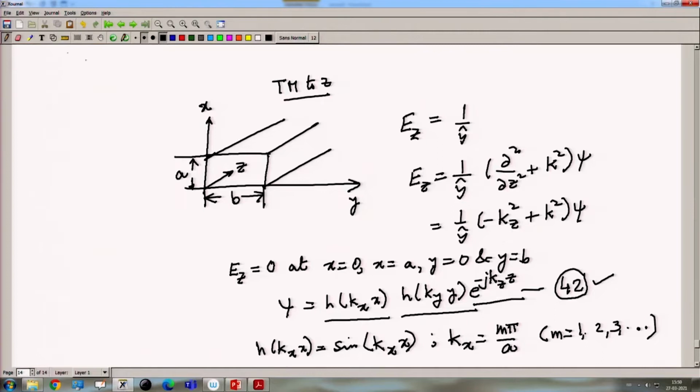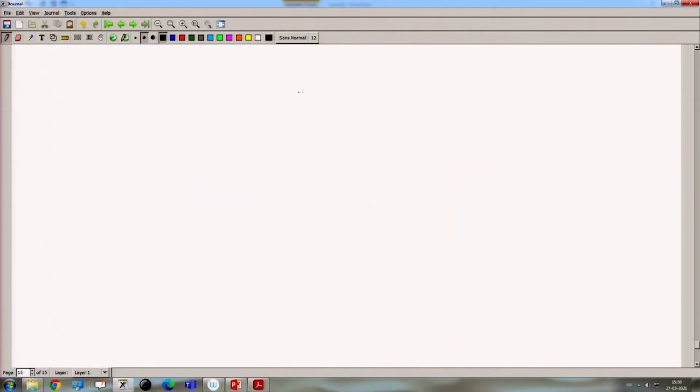Similarly, h k y y is given by sin k y y, where k y equal to n pi by b, where n equal to 1, 2, 3 and so on.